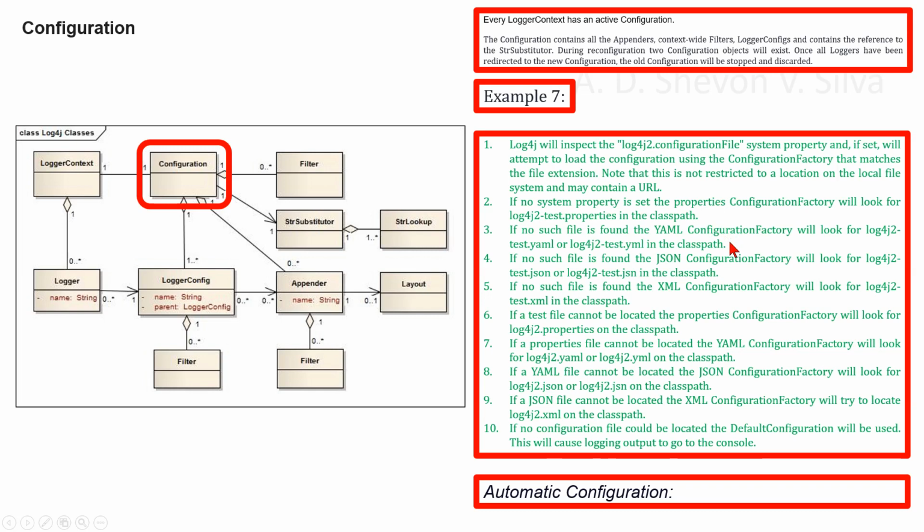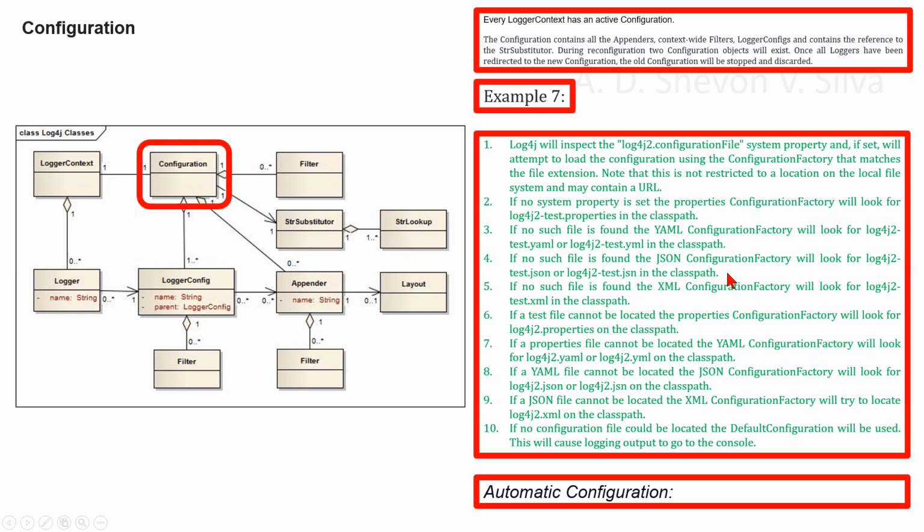Step 3. If no such file is found, the YAML configuration factory will look for log4j2-test.yaml or log4j2-test.yml in the class path.